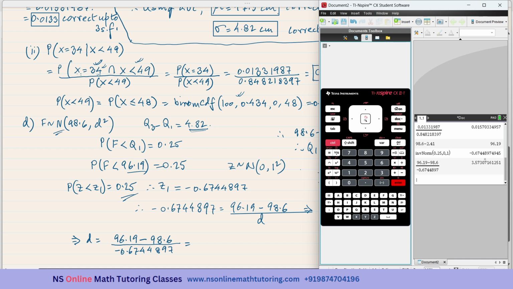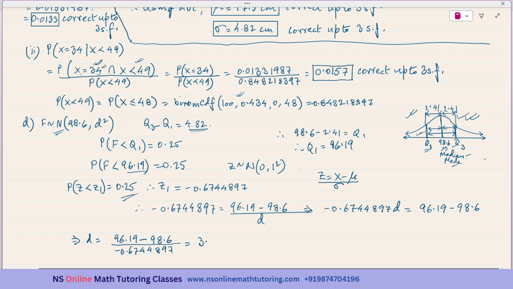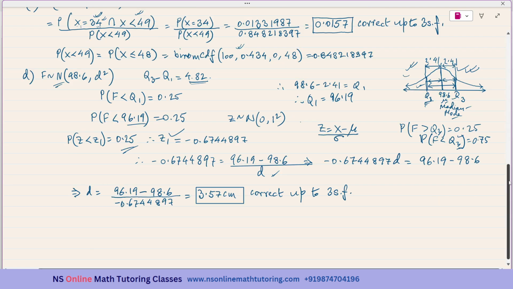Okay. So 3.57, obviously centimeters. Correct. Up to 3 significant figures. Okay. So we have solved this question completely.